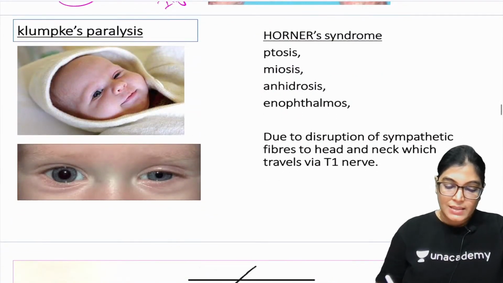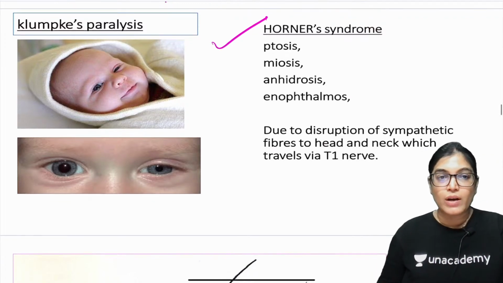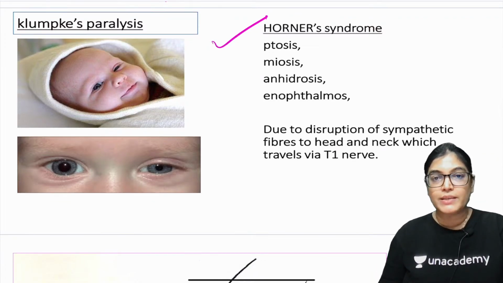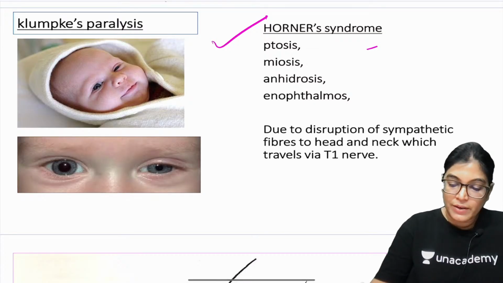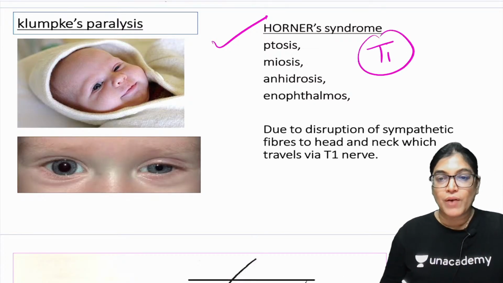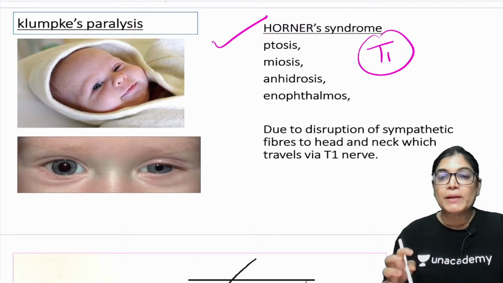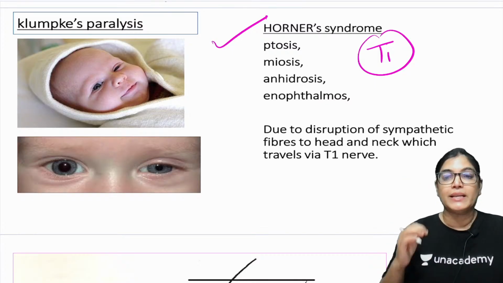Other than that, you can also see Horner syndrome in Klumpke's paralysis. The patient will have involvement of T1 fibers, and T1 fibers carry sympathetic fibers to the head and neck region.